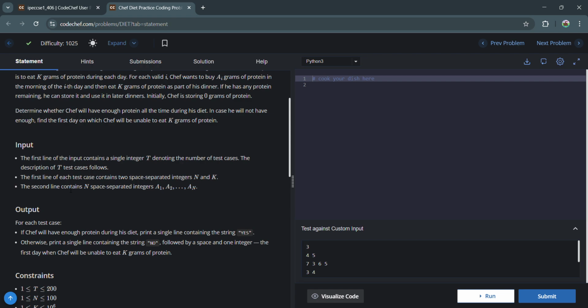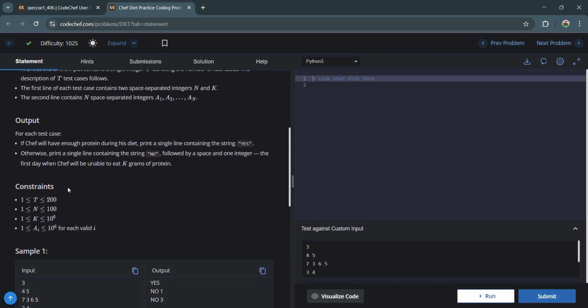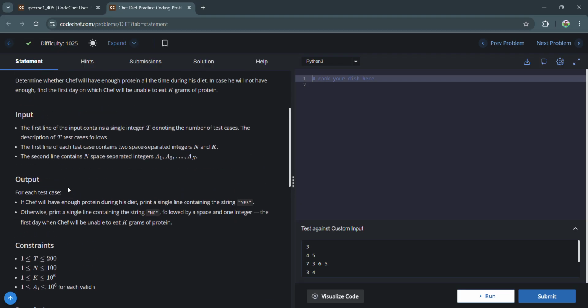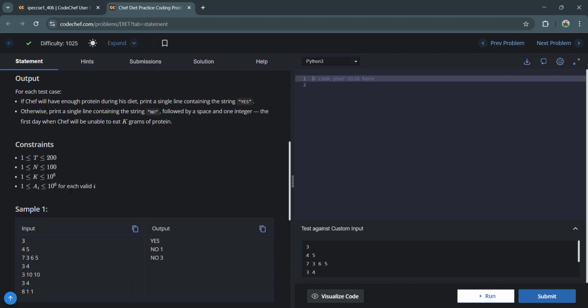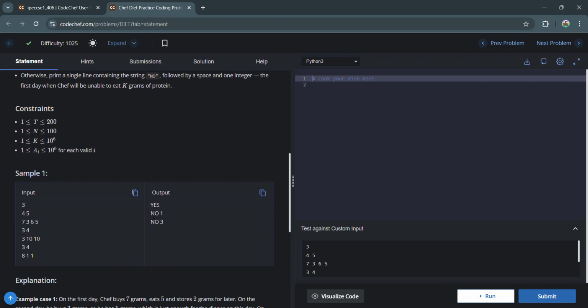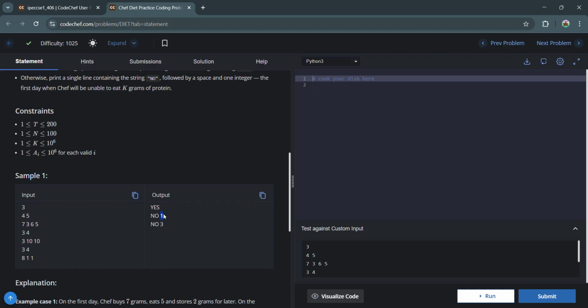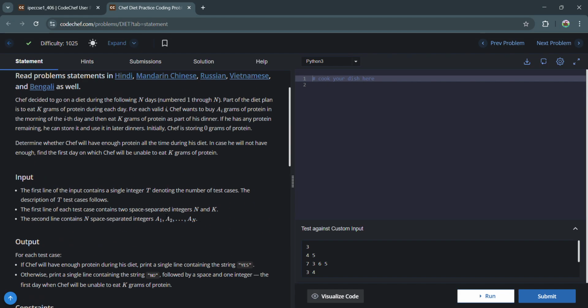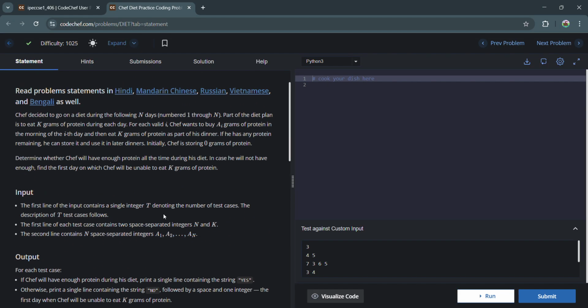After that we have to output yes if he has enough protein for all the days, and otherwise we have to output no. With that we also have to print the first day when the Chef was unable to complete his protein intake.